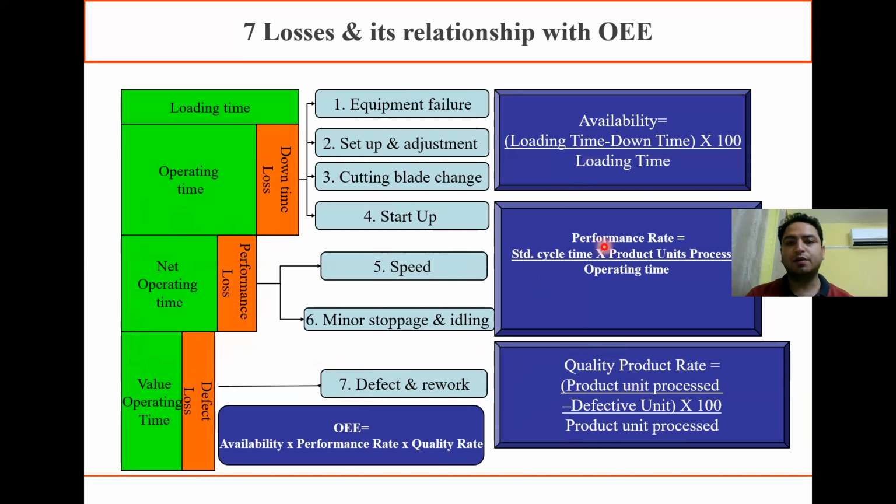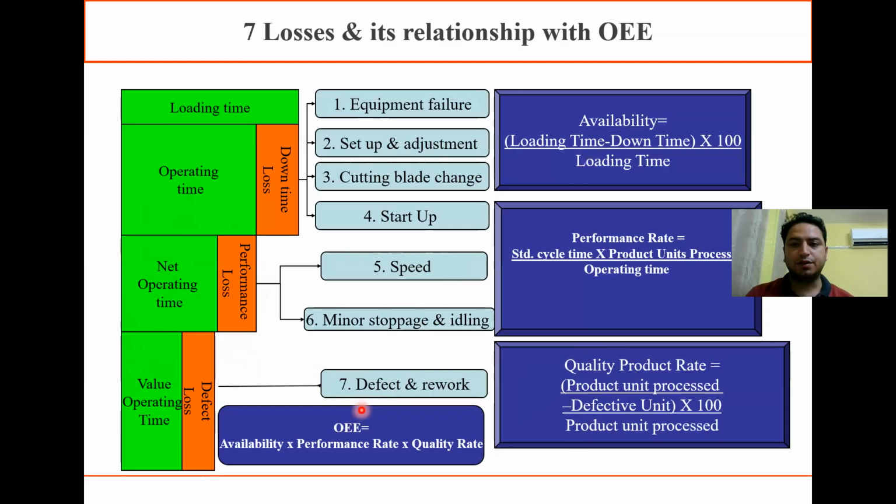The product of availability, performance and quality will be the overall equipment efficiency or effectiveness. These types of losses reduce the time for production. In this way we calculate OEE, and I hope you understood what OEE is. Thank you for watching this.